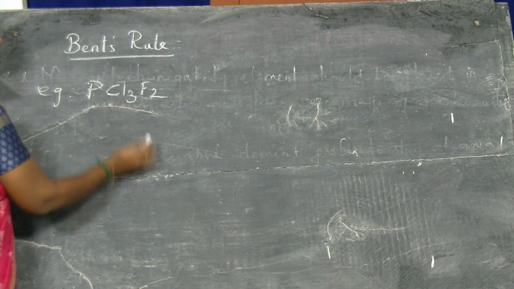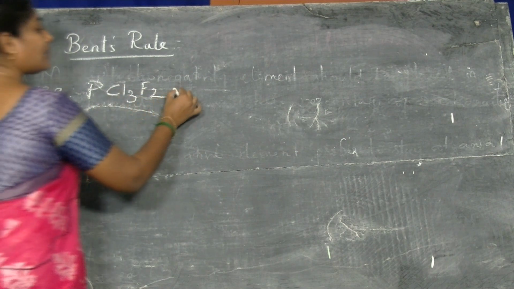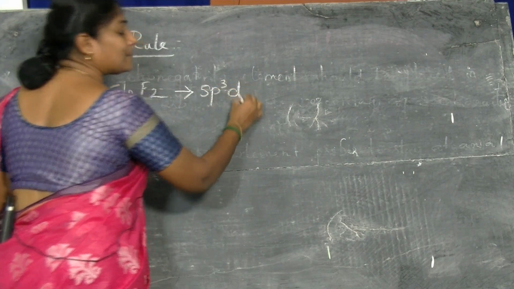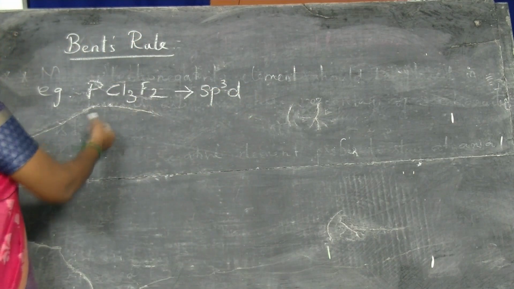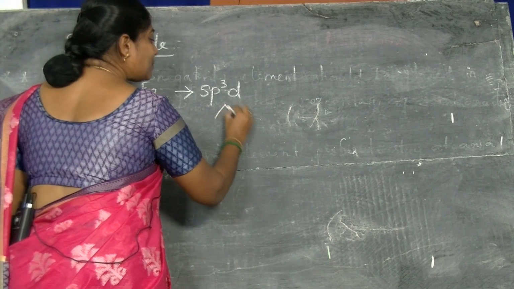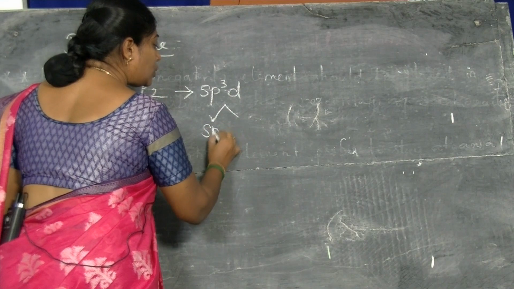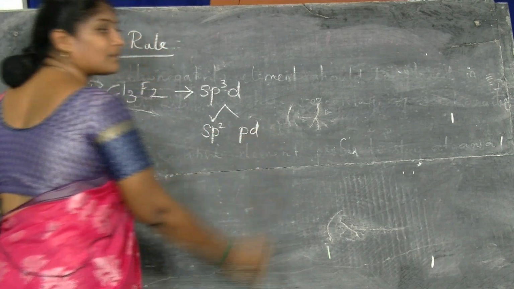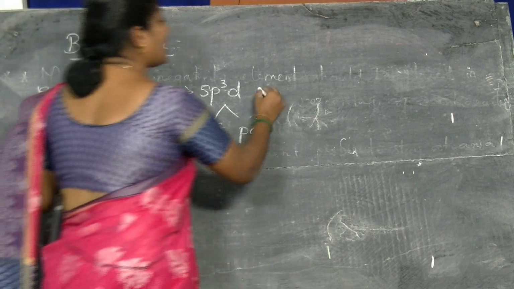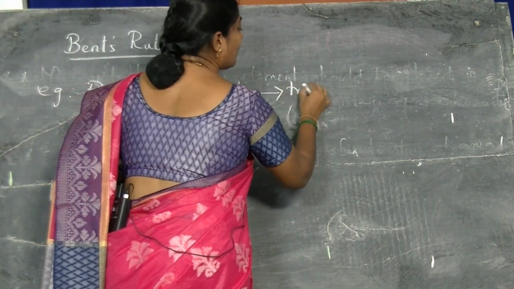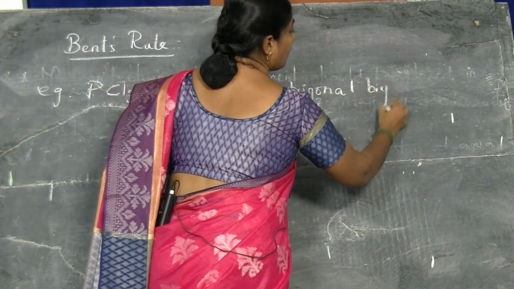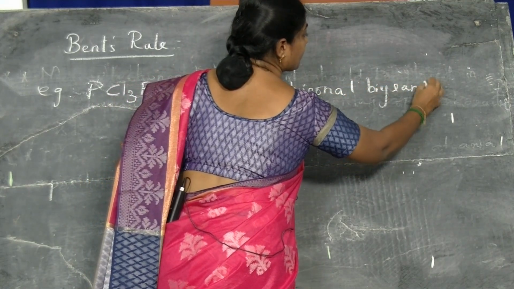Now we are going to put the hybridization for this, that is sp3d. This is the hybridization of PCl3F2. And sp3d I can split up like this: sp2 and pd. The structure of PCl3F2 is trigonal bipyramidal.